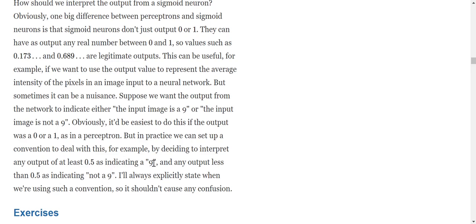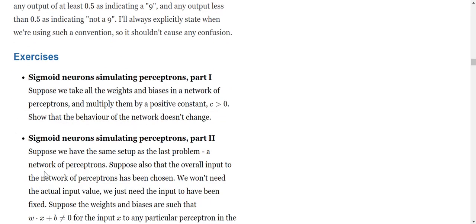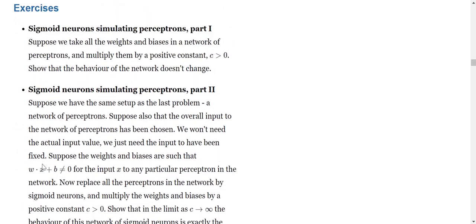So a 1 would indicate a 9, and a 0 would indicate not a 9. I'll always explicitly state when we're using such a convention. Okay, so let's have a look at the exercises.